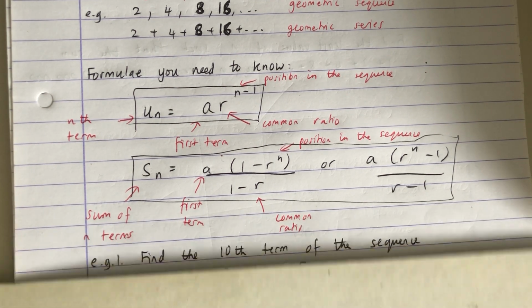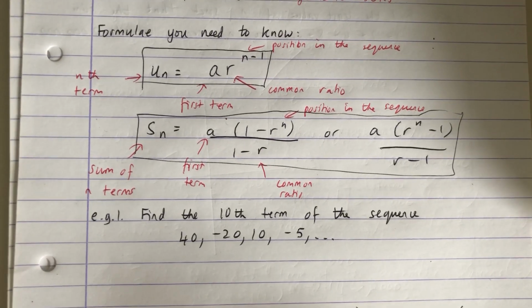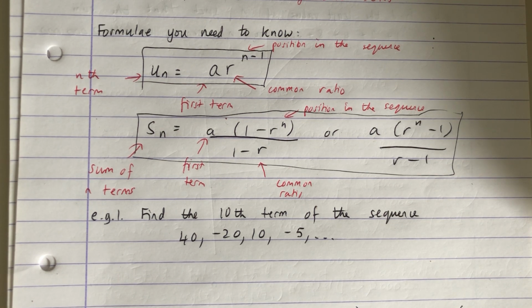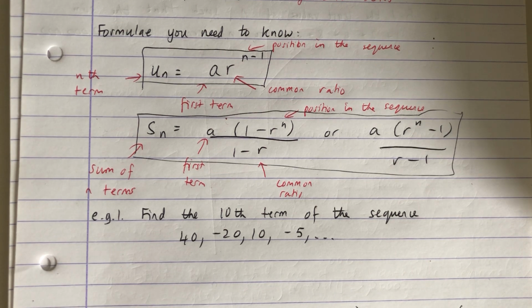So let's see what a basic example would look like. So you've got, find the 10th term of this sequence. So firstly, in an exam, you'd have to decide, is this arithmetic or is this geometric? So the difference between the terms varies, so it's definitely not arithmetic.